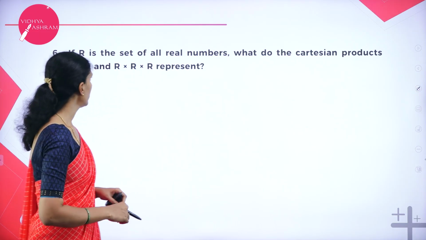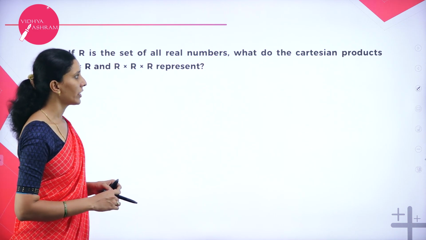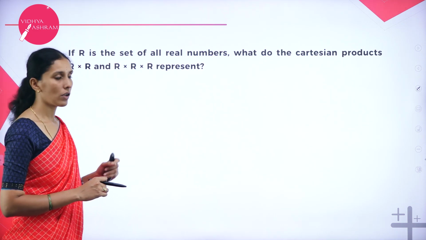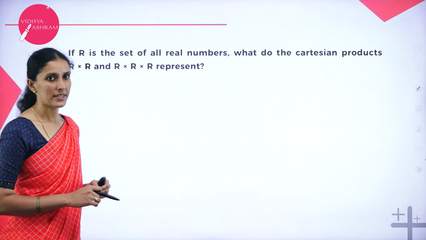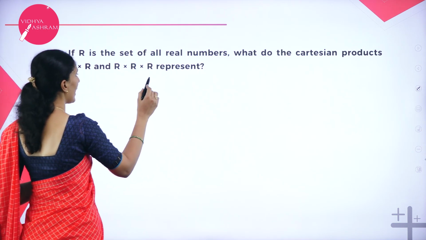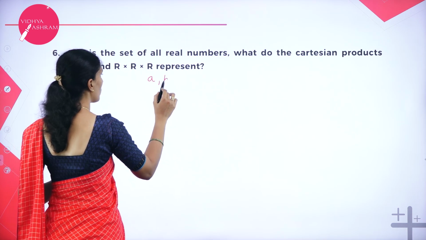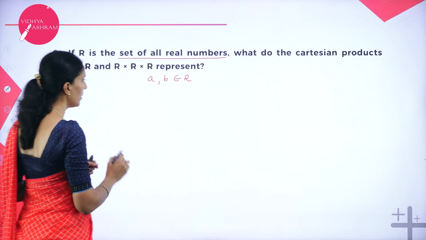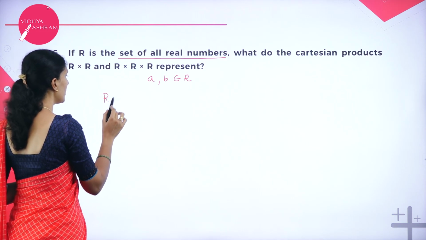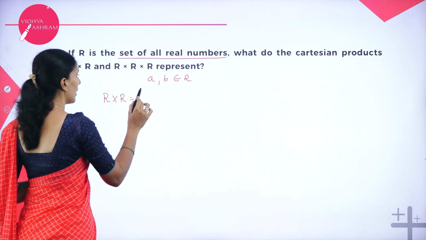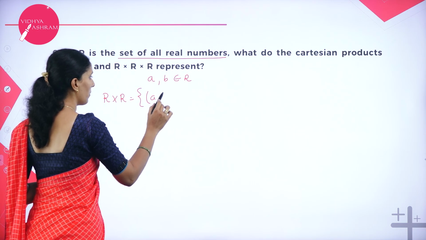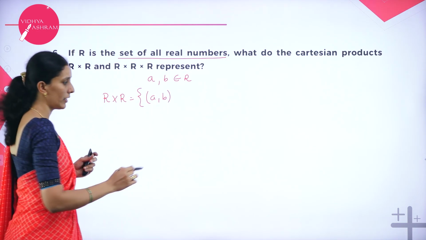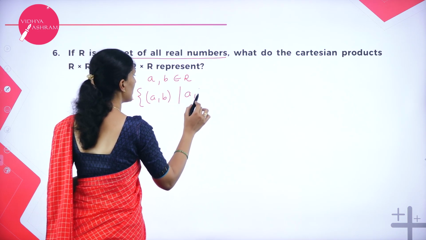Next, we have a question. If R is the set of all real numbers, what do the Cartesian products R cross R and R cross R cross R represent? If I take any element (a, b) belonging to R cross R, since they are all sets of real numbers, they are written in the form (a, b) as a Cartesian product, which contains an ordered pair, and both belong to the same set.